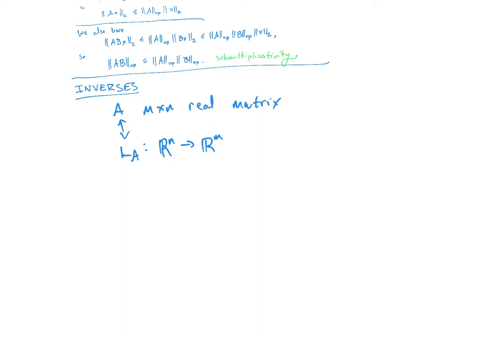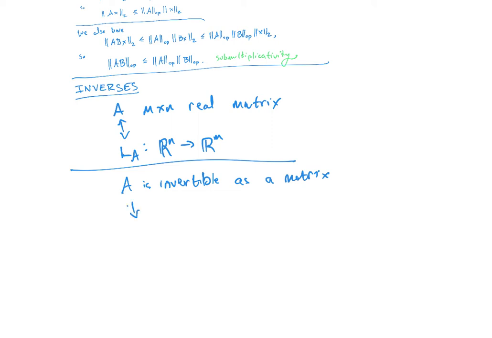Now, A is invertible as a matrix. That statement is happening in the ring of matrices. We're saying that the matrix A has a multiplicative inverse there.